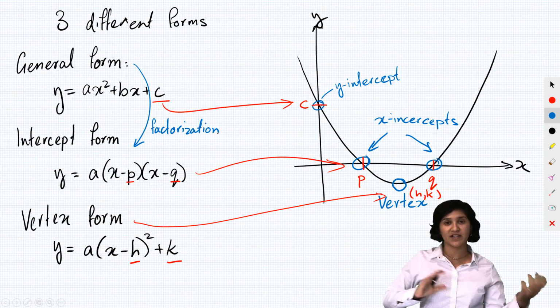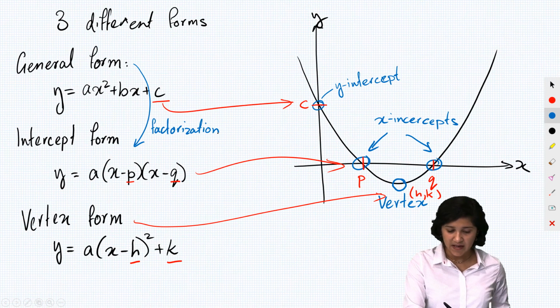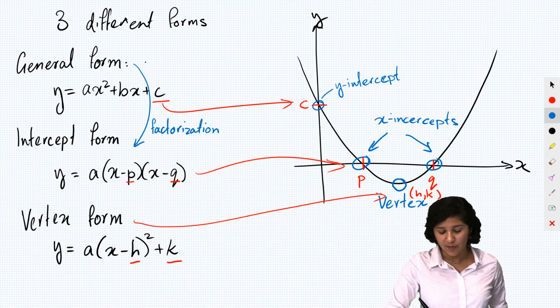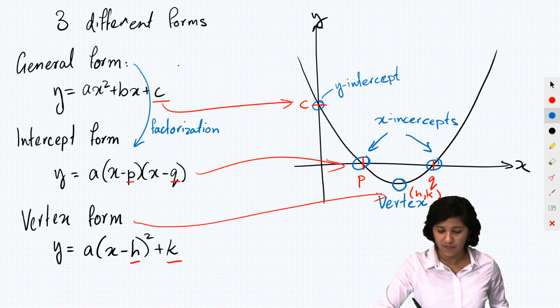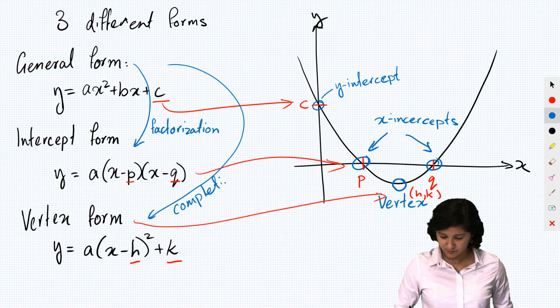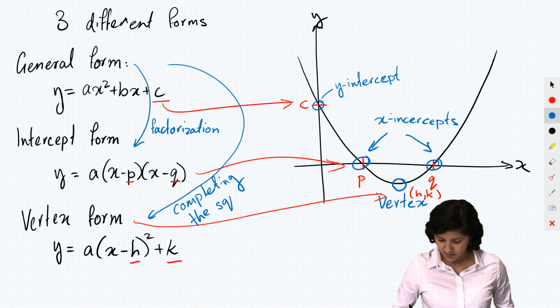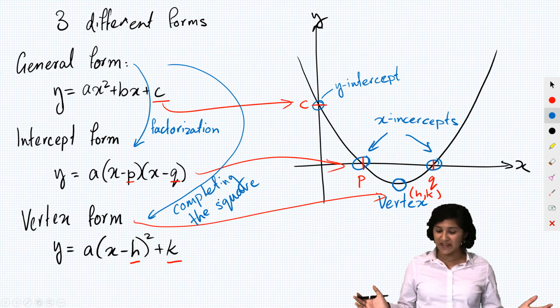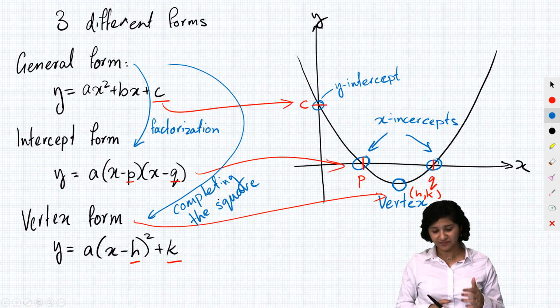The opposite of factorization is expansion. To get from the general form to the vertex form, we use the technique called completing the square. And again, to get back, you just need to expand and then simplify.